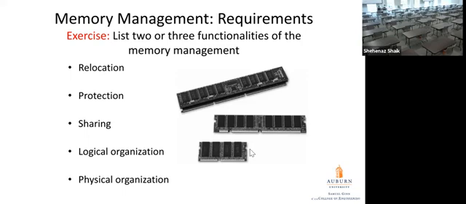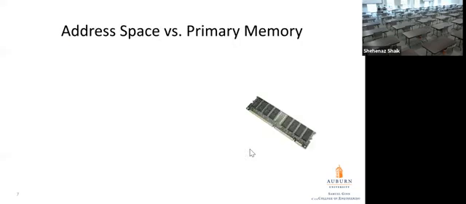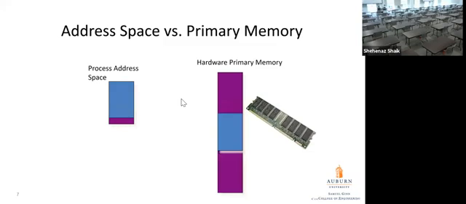Okay, so this is the memory card. And on this memory card, let's say we have the processes. So this is the logical process address space, the list of addresses that are seen by the process as part of its code.